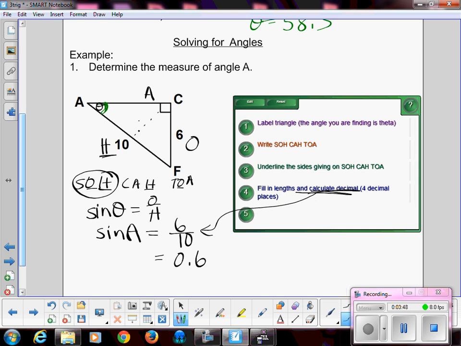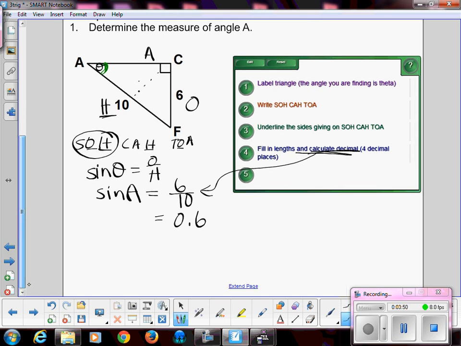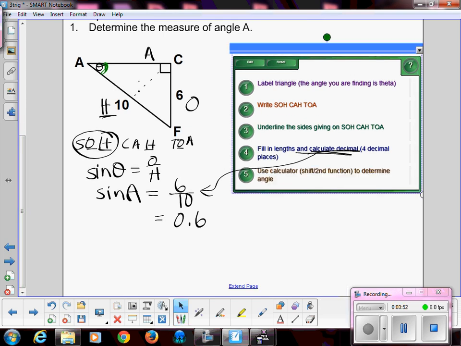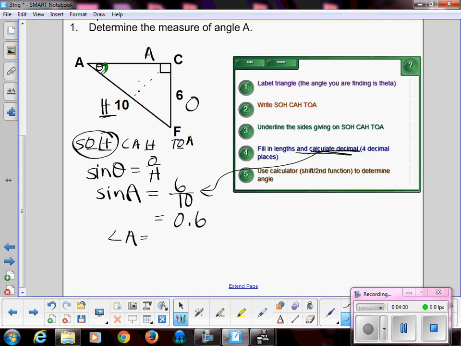So now the final step is to use my calculator and do that second or shift function to actually determine angle A. So angle A is going to equal the sine inverse of 0.6, and when I do that, I end up with approximately 36.9 degrees. Okay, so let's try another example.